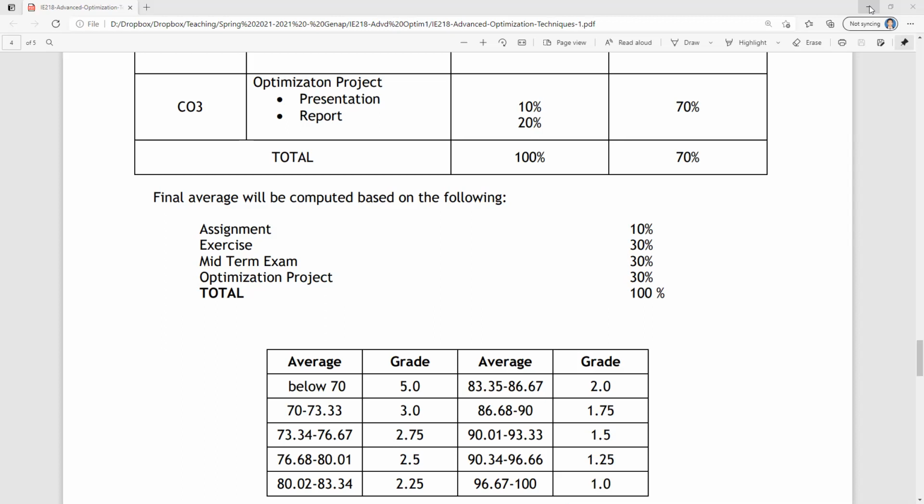So starting from the first assignment, I will design the assignment and the monitoring of the progress to help you with the journey of completing the optimization project.